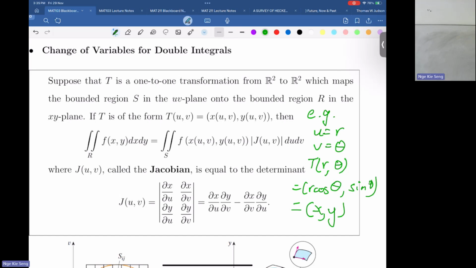Does it matter if you swap the order? For this determinant, does it matter?